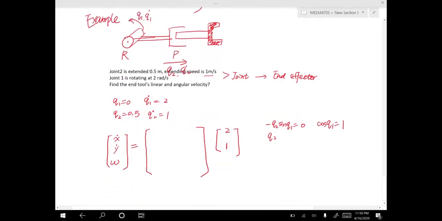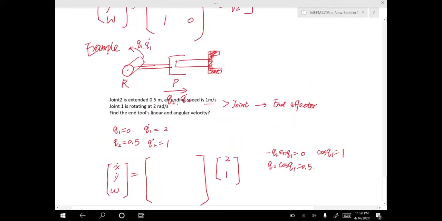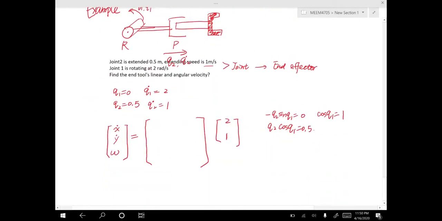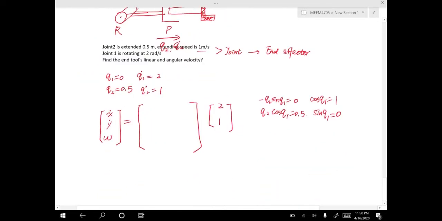The second row is Q2 times cosine Q1, and Q2 is 0.5 and cosine Q1 is 1, so that is 0.5. The next term is sine Q1, and Q1 is 0, so this is 0. The last row, for the angular velocity Jacobian, is 1, 0. We already know that. Then we just plug in the real numbers from the given joint variables, so this is 0.5 and this is 0.